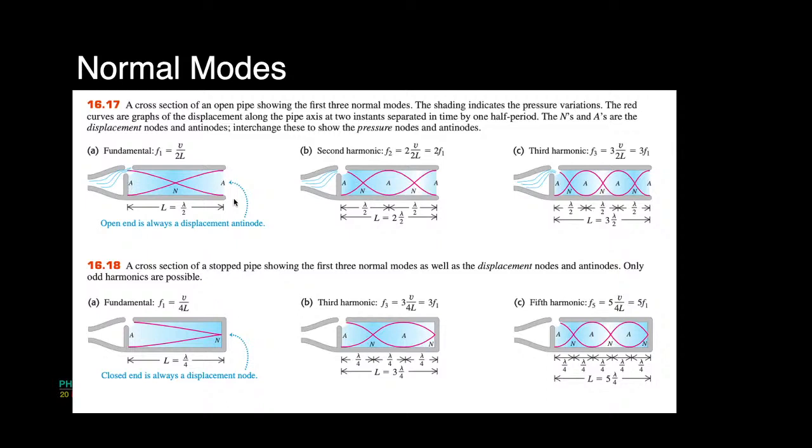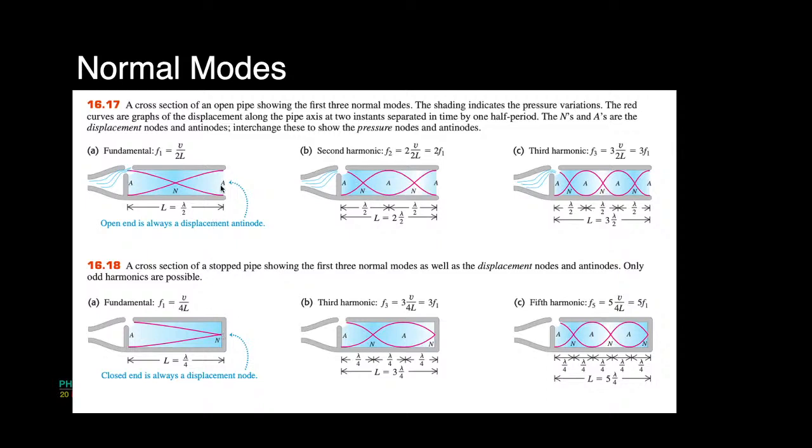So an antinode here. If the other end is also open, then an antinode here, and this is an open tube. In a closed tube, this end is considered open, but this end is blocked, stopped, or closed. So at a closed end, a node is always formed because the molecules are not free to move. So here you get a node.